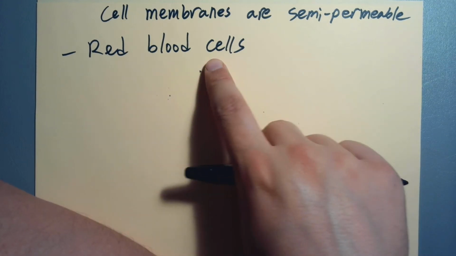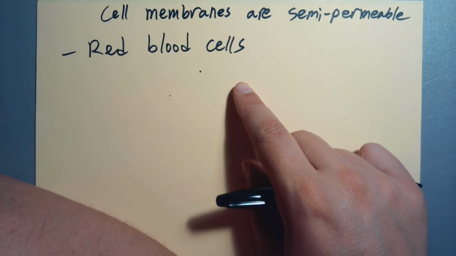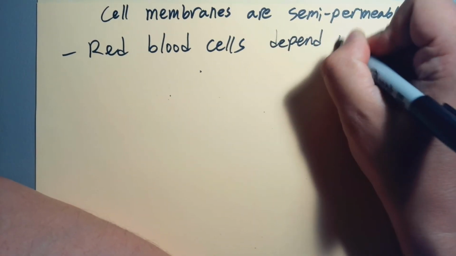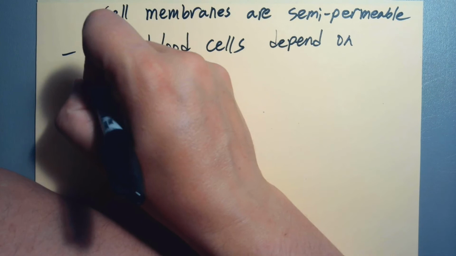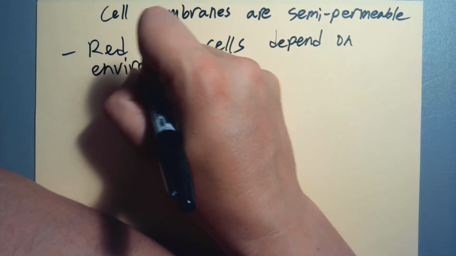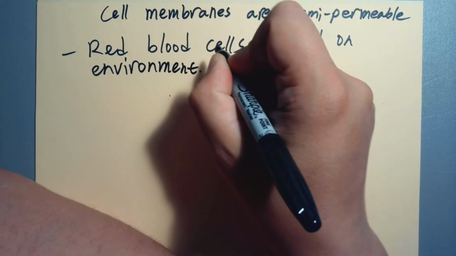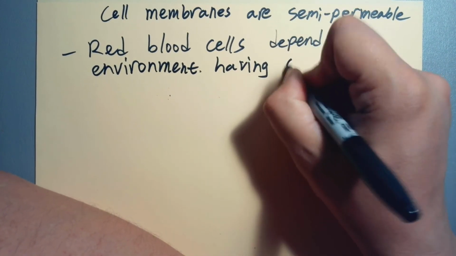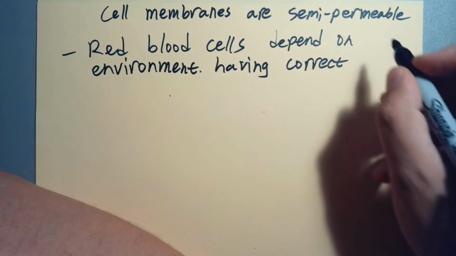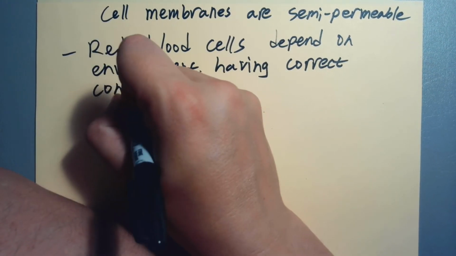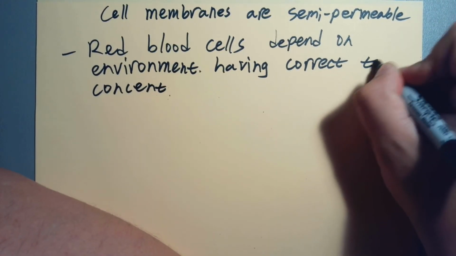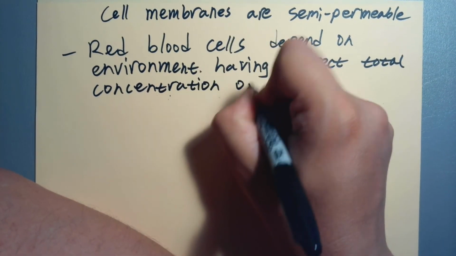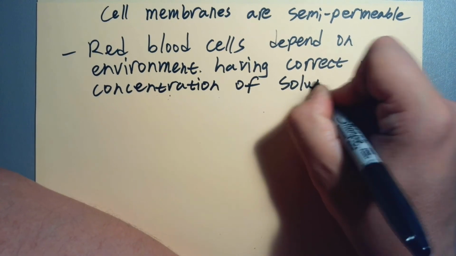So, red blood cells, that's what we were talking about. They are going to depend on the environment, and by environment, I mean bloodstream, having the correct total concentration of solutes.